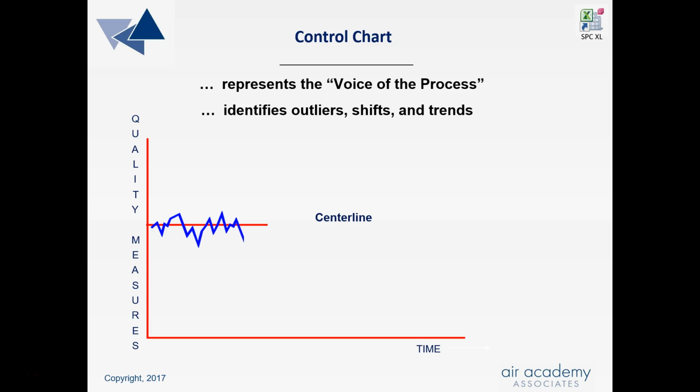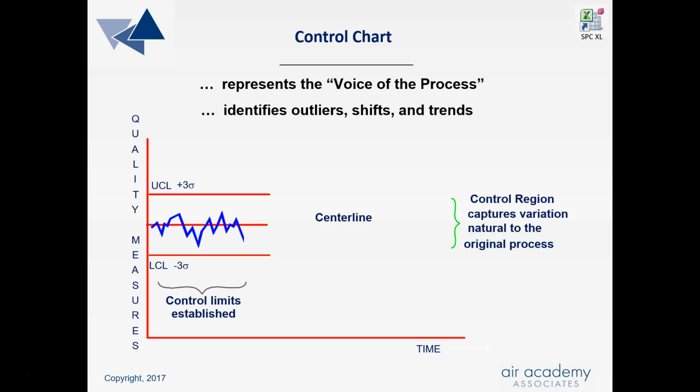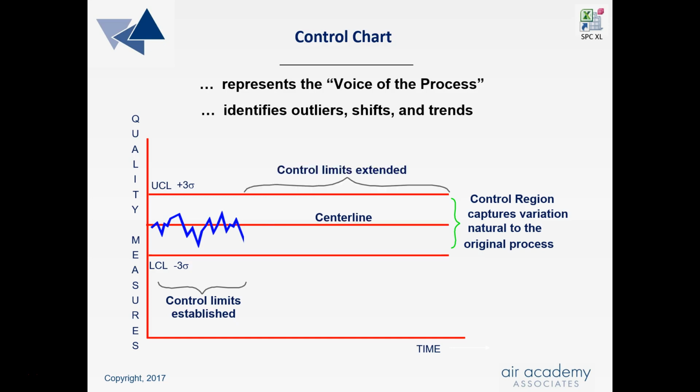Then SPC Excel will calculate the upper and lower control limits at plus or minus 3 sigma above and below the center line. As you recall, plus or minus 3 sigma should capture about 99% of the natural variation of the process performance measures. Then the software extends the control limits and we watch the process behave.